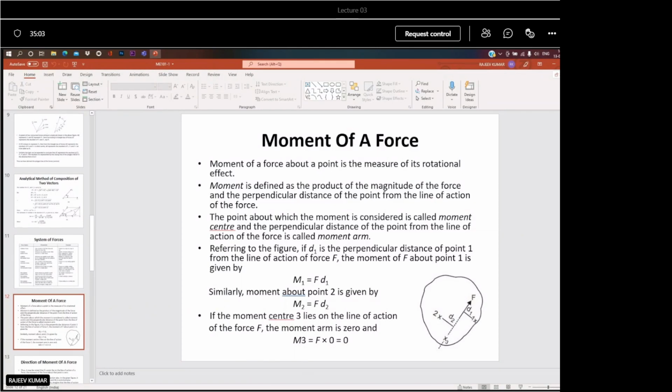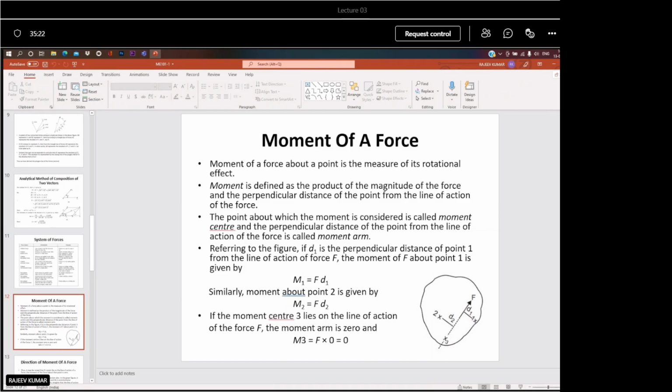Have you understood or not? The algebraic sum of moments of a system of coplanar forces about a moment center is equal to the moment of the resultant force about the same point.